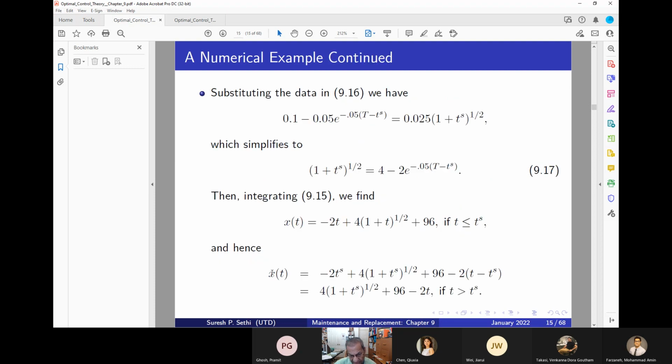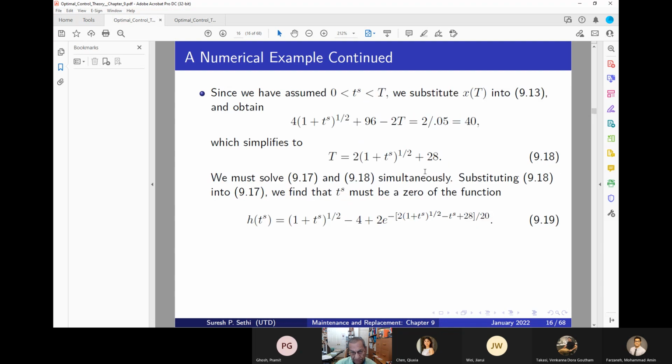So if you do that, you get x(t) equal to this. It's just integrating. This is the equation before Ts, and equal to this if t is bigger than Ts. I think one should say before Ts and then after Ts. I don't know why I didn't put it there, but it should be there.